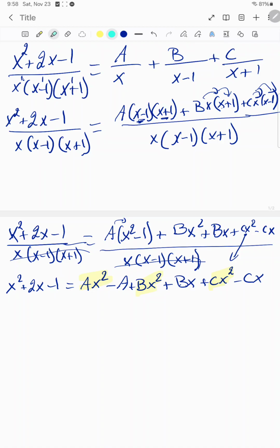And I have bx and cx, I can factor out x. So let's rewrite it.